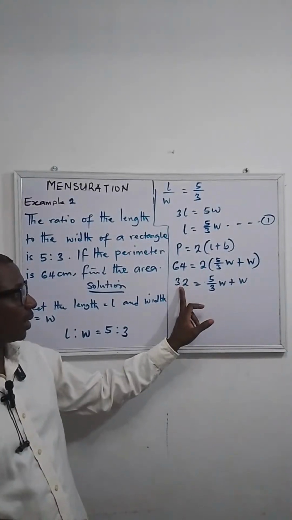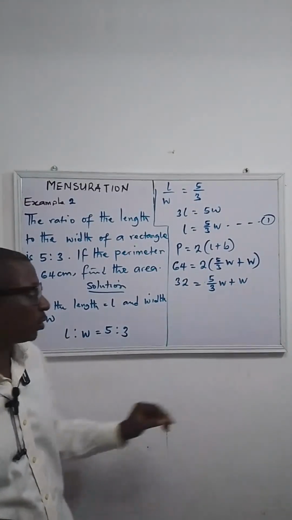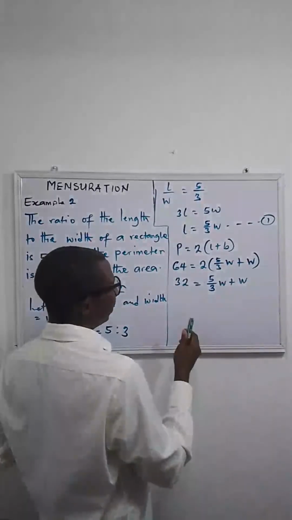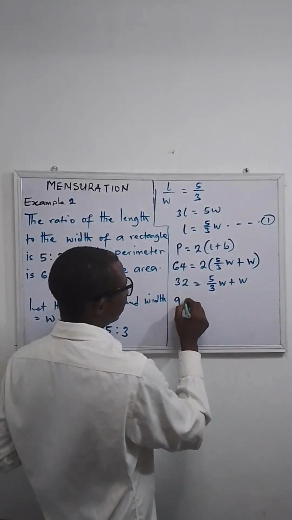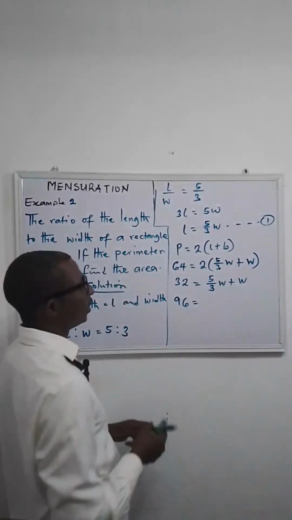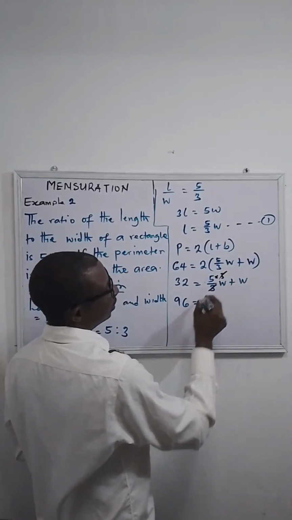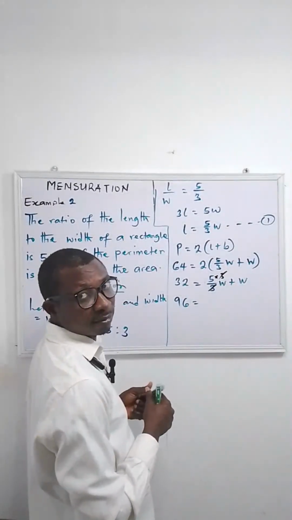So you multiply this by 3, this by 3, and this by 3. When you multiply this by 3, you have 96. Now let's multiply this by 3, so this 3 will cancel this 3 here. So we are left with 5W.